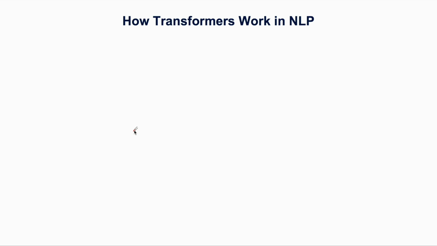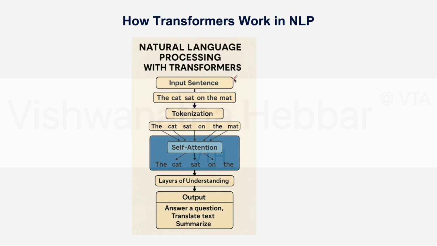Let us understand how transformers work in NLP, that is natural language processing. Here, first step is you give an input, and then that input goes through a process called tokenization. In tokenization, you break the sentences into words or pieces. Here, for example, this input is broken down into different pieces, right? This is called tokenization. And then it goes through a self-attention mechanism.